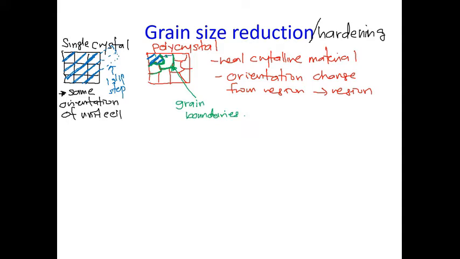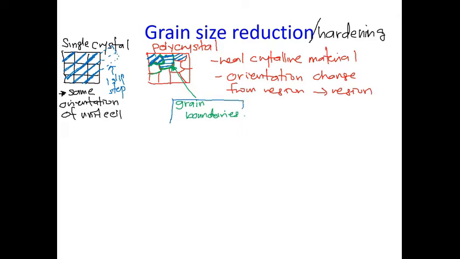Then, for example, for grain number 2, this is how it slipped, and then it can move further because they have grain boundaries. And this is the third unit slip plane.